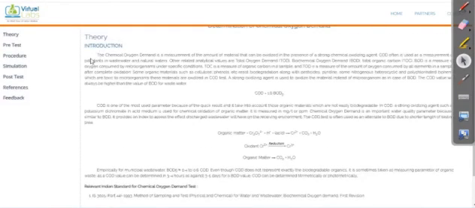Here we use a strong oxidizing agent, and with its help we try to oxidize all the oxidizable material present. So the chemical oxygen demand is a measure of the amount of material that can be oxidized in the presence of a strong chemical oxidizing agent.